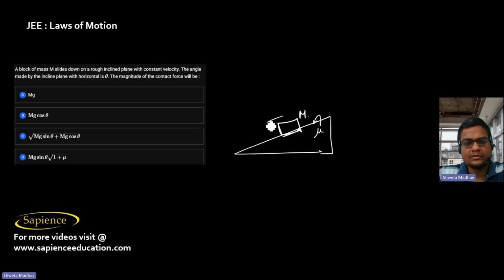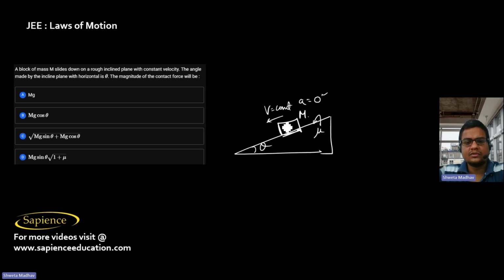It moves downwards with a constant velocity. V is constant, so acceleration will be zero only. The angle made by the inclined plane with the horizontal is theta. Then the magnitude of the contact force will be?